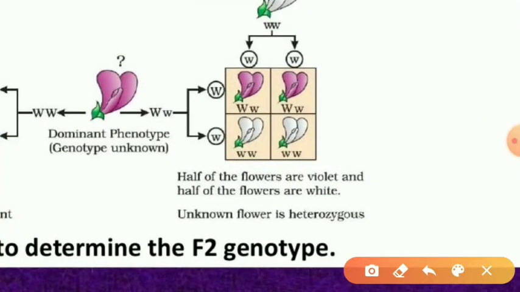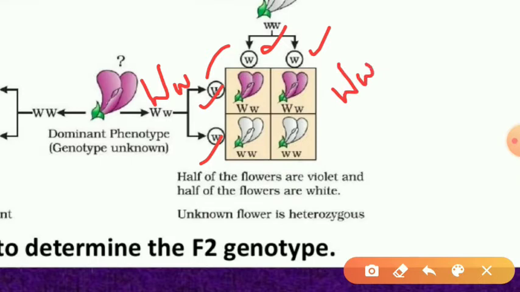Let's consider the violet color flower whose guessed genotype is capital W, small w, heterozygous condition. Here the homozygous recessive allele, small w, is already given. Now the formation of gametes in both parents. After the cross, it produces capital W small w, half, and small w small w, half.